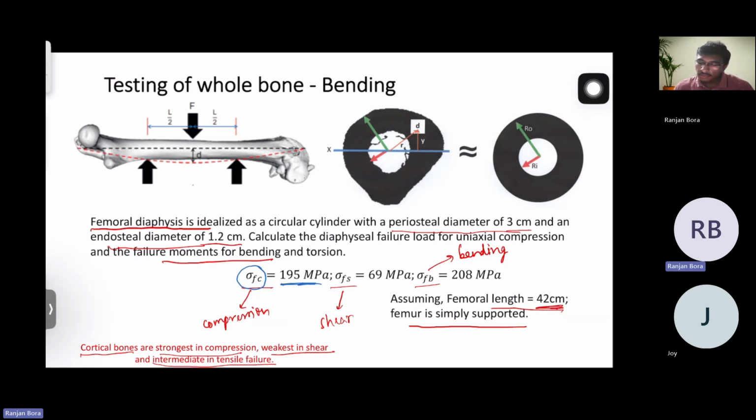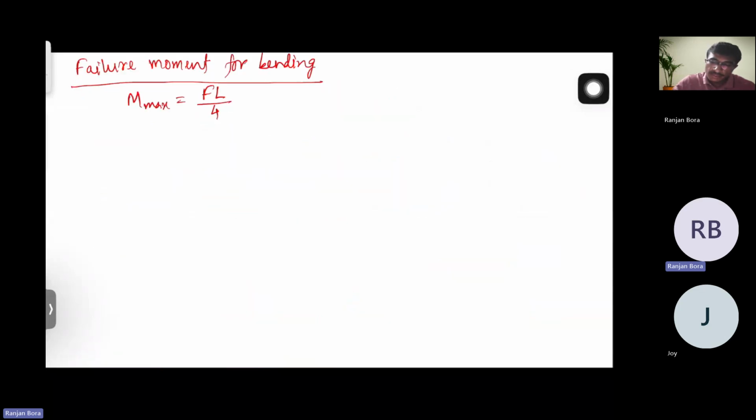Okay, so the failure bending stress is given as 208 megapascal. So we'll use this sigma FB of 208.